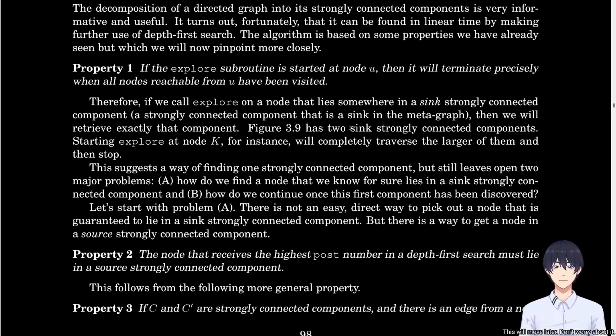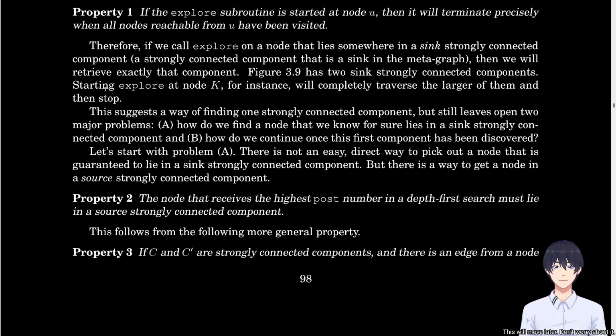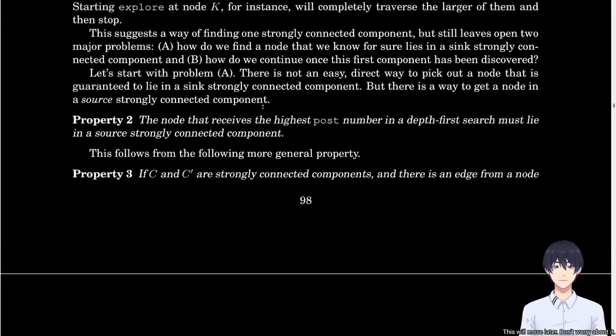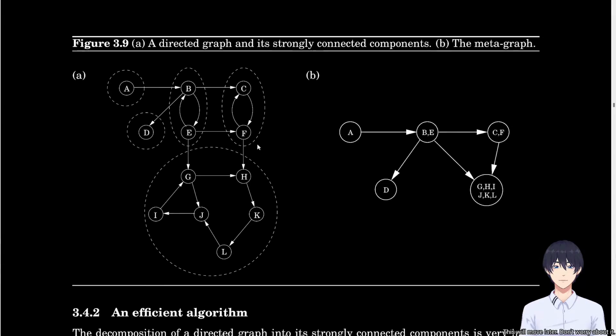Figure 3.9 has 2 sink SCCs. Starting explore at node K. Well, let me look at 3.9. Where's K? Is this a strongly connected component? Yes. You start here. You are going to maybe look at this, and end here.